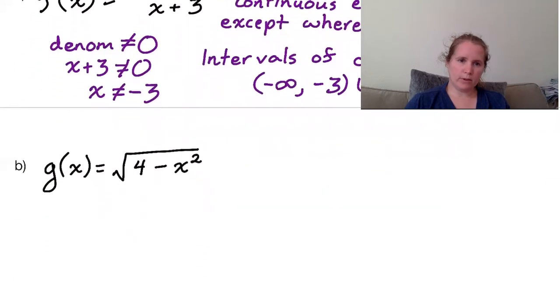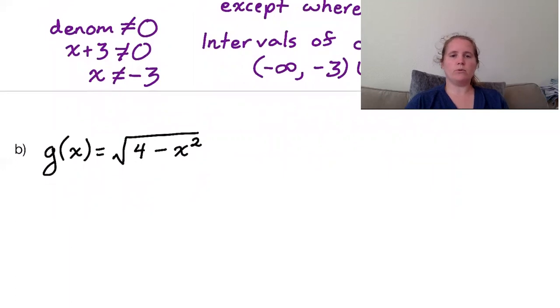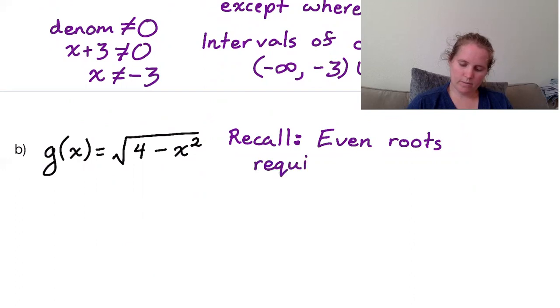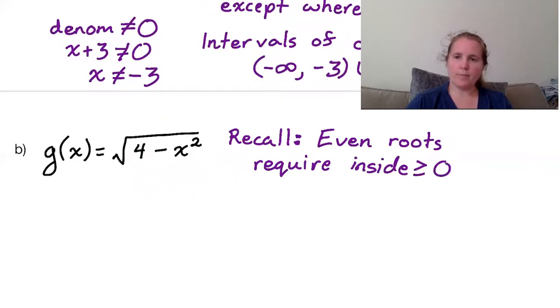Next up, we want to study the function square root of 4 minus x squared. So just recall that even roots require the inside to be greater than or equal to 0.